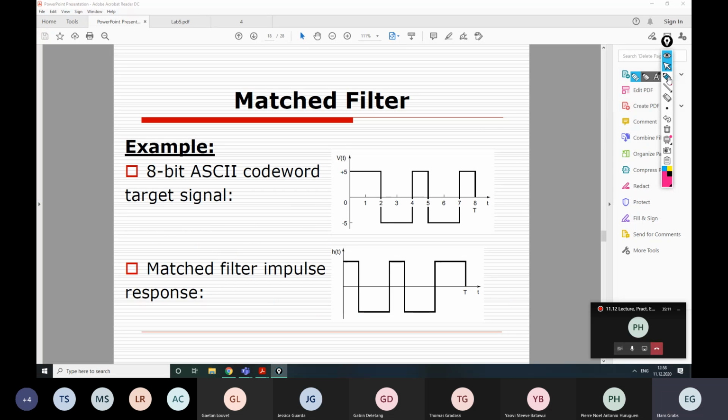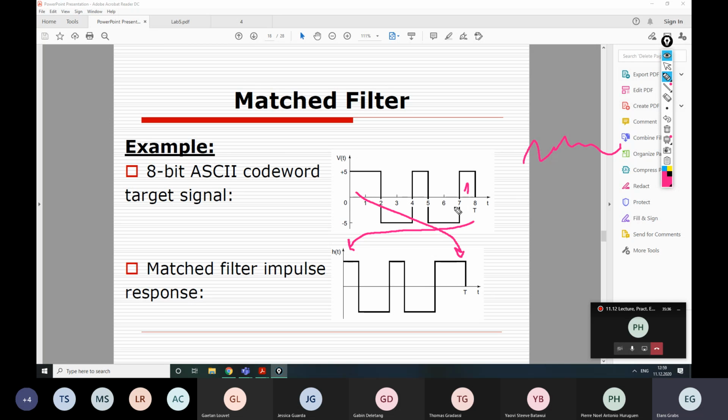So, for example, consider that we have some pattern signal represented by an 8-bit ASCII code word like this. In order to be able to find this pattern in our received noisy signal, we need to create a matched filter with an impulse response, which is a reversed code word, right?